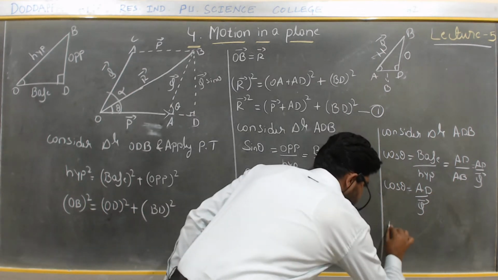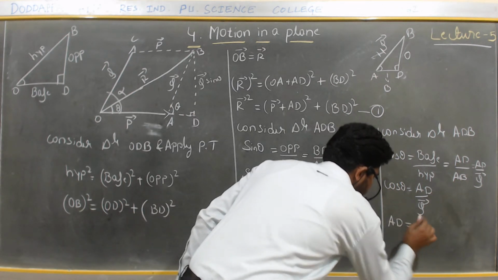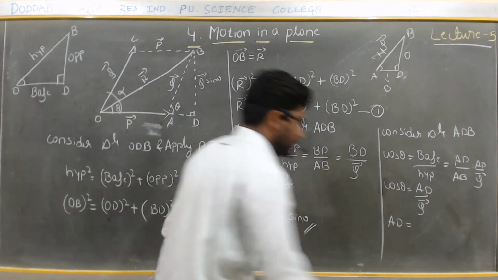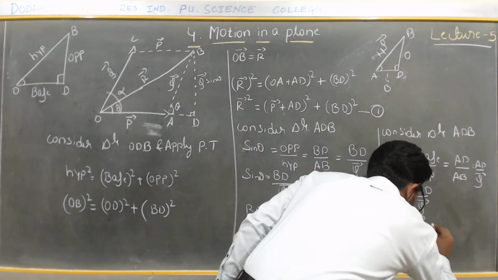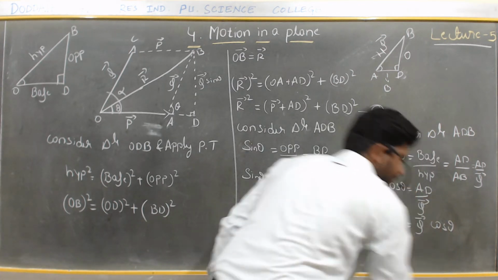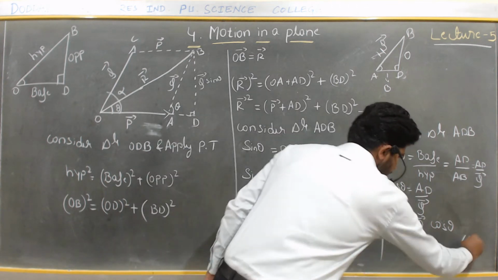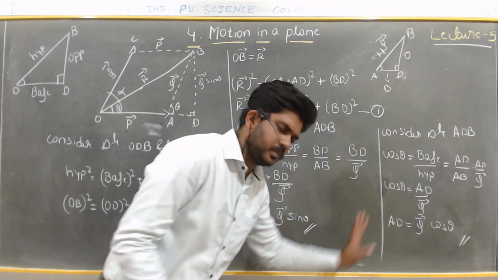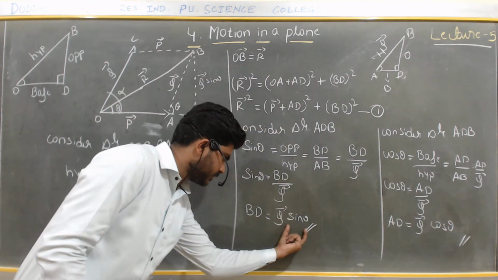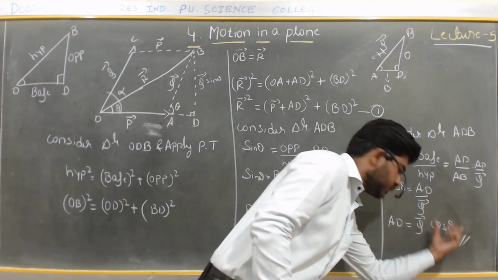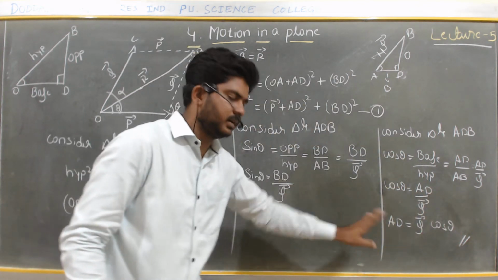Bringing Q to the LHS, AD becomes Q vector cos theta. See, these two are quite similar, but the only difference is that here we have sin theta and here we have cos theta. That is the main difference.